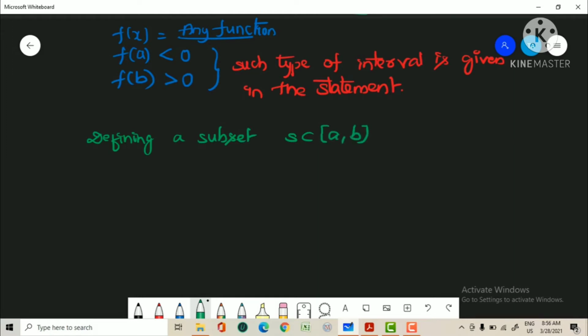Okay, defining subset S from this closed interval a comma b, and how the test will be: S is all values of x taken from a and b only, such that at those points the function will give you negative values.